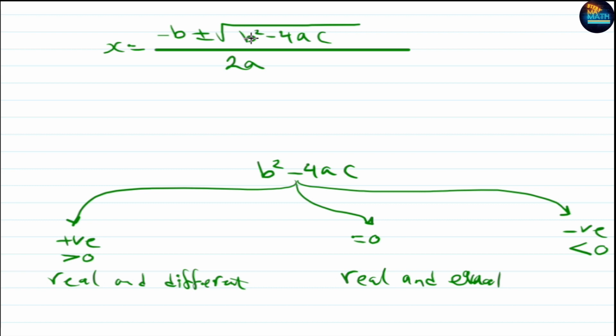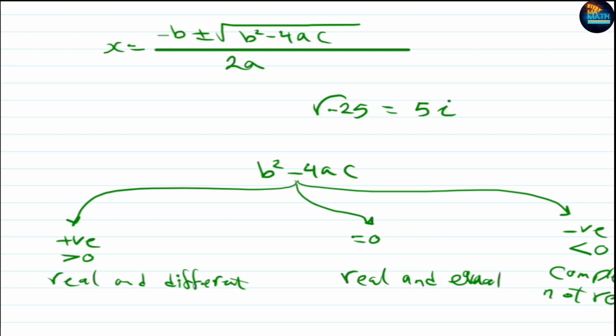Like negative 25: the square root of 25 is 5, but you have a negative underneath the square root, so it will be i. You remember, the square root of negative 1 is i, so it's 5i. So now we have a complex number, but it's not real. So complex, but not real.